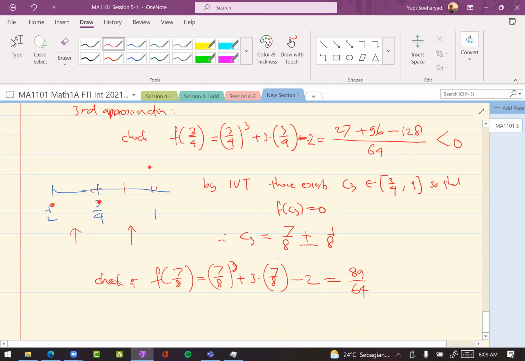Oh, then it will be 663 over 512. Not sure though. Should be smaller than that. Maybe someone can check the computations.